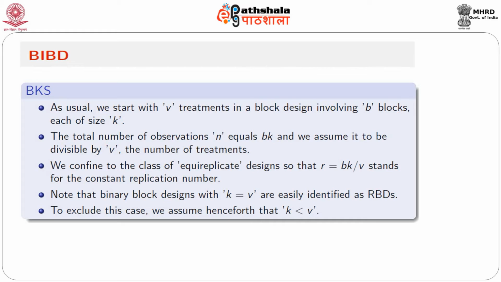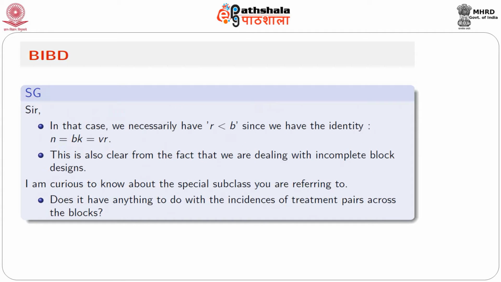Therefore, to exclude the RBD case, we assume henceforth that the block is incomplete in the sense that k is strictly less than V. Sir, in that case, we necessarily have R less than B, since we have the identity n is equal to Bk is equal to V into R. This is also clear from the fact that we are dealing with an incomplete block design.